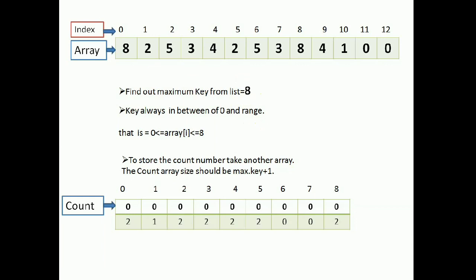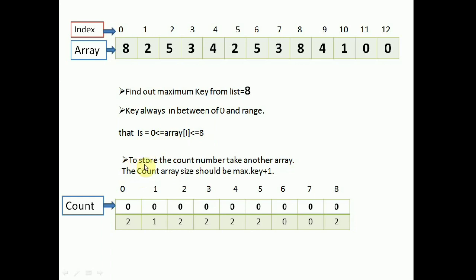I think you know very well about it. Next, the third point: this is the syntax I just mentioned. A of i, that is the index value, any index position value is not less than 0 and not greater than 8. It is between these two ranges. Next, one more important point we have to note.